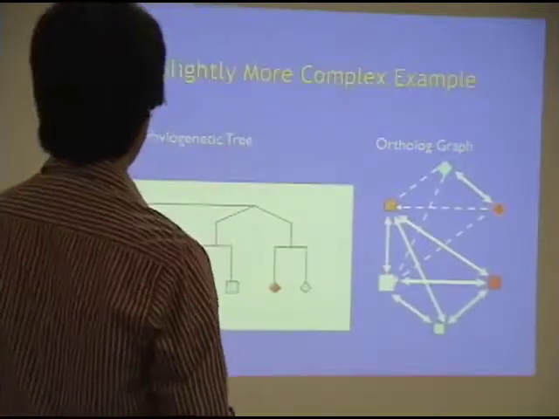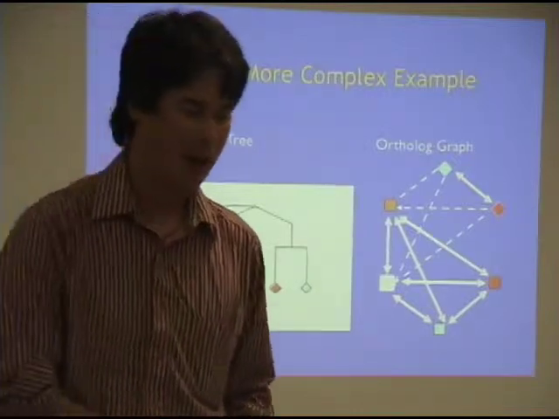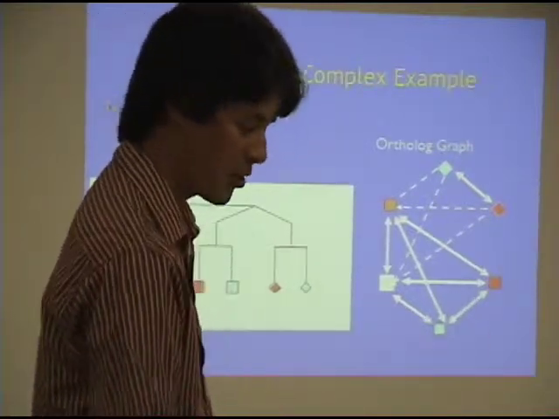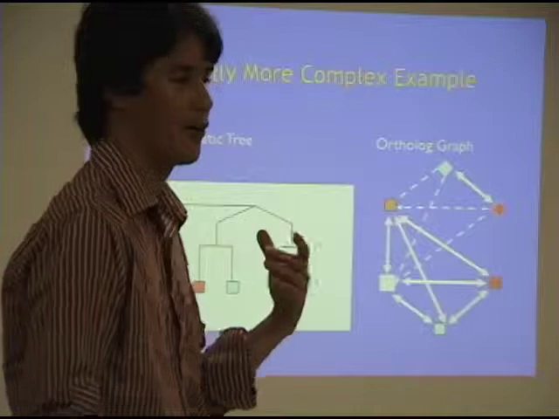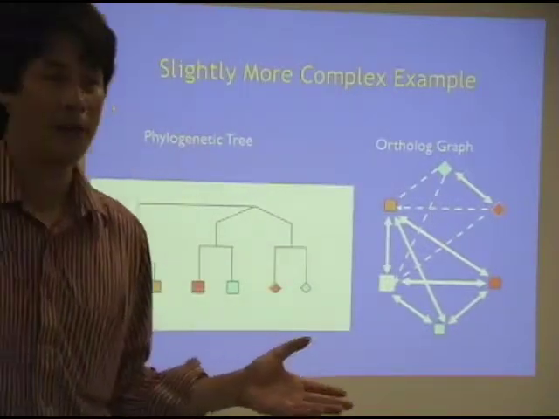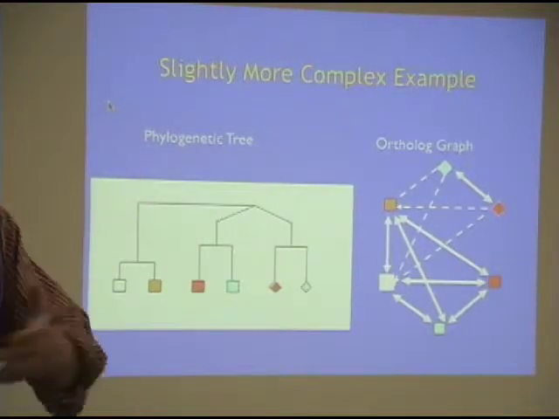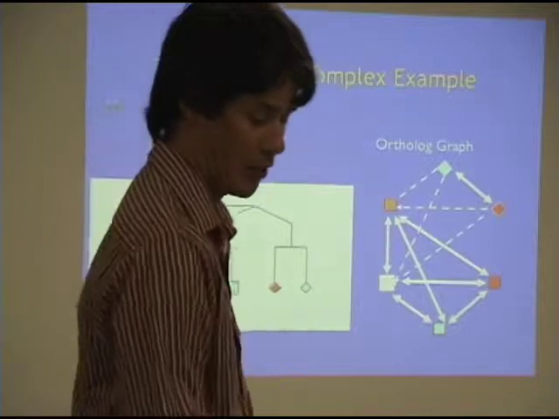And we can perform this analysis on slightly more complex cases. The bottom line is you can run this on the complete set of all the genomes that we have available in one computer run and actually assign orthologs over all of the genes in the genome.